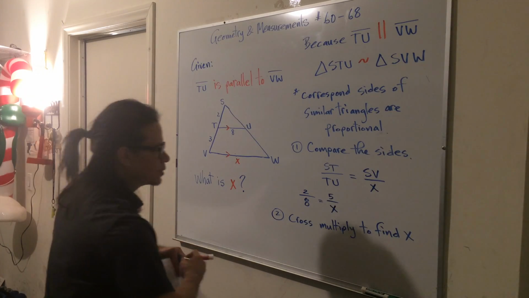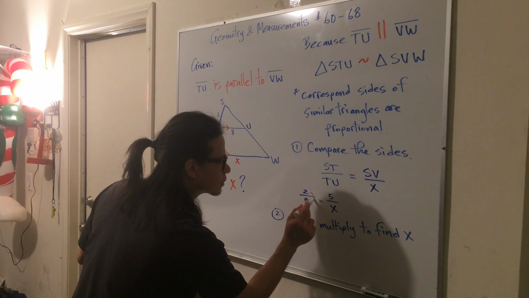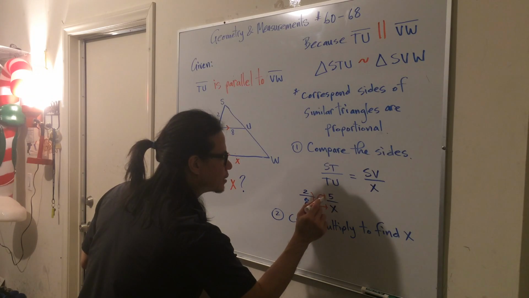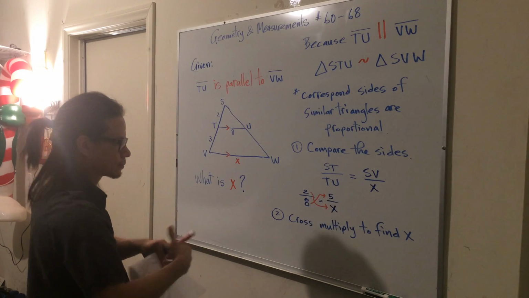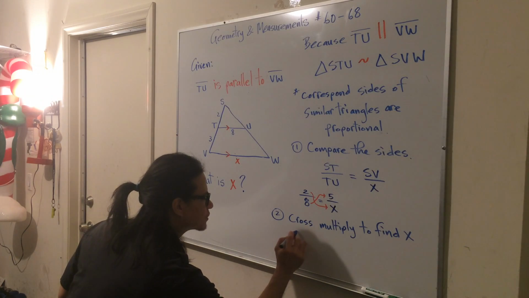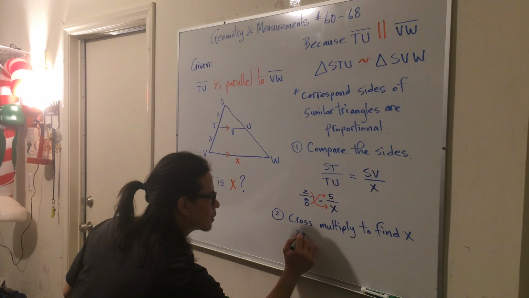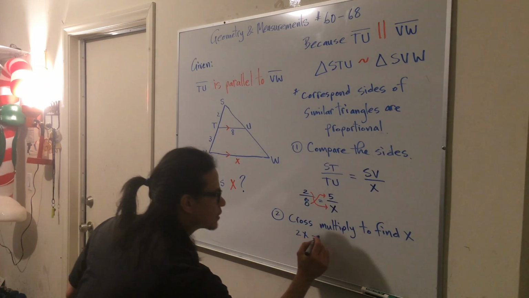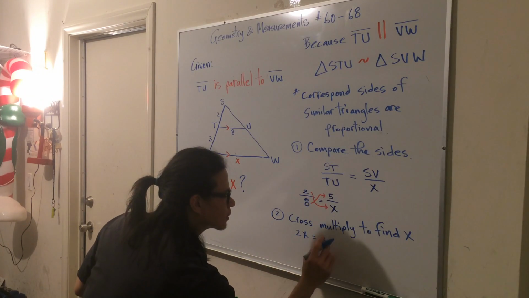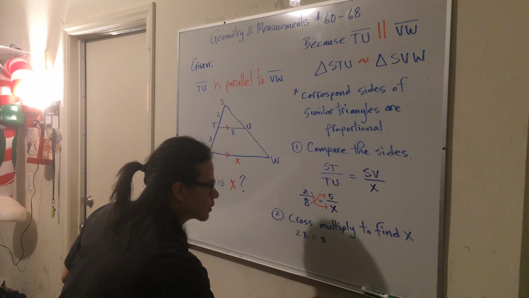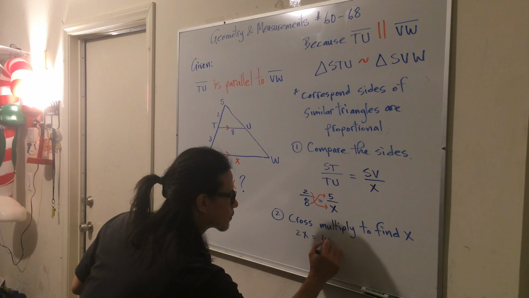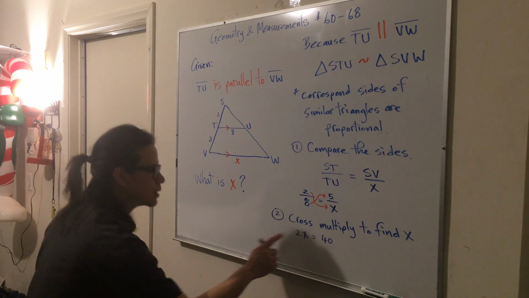So let's take 2 times X, and then we'll take 5 times 8. So 2 times X, you get 2x equals 8 times 5. We'll just make it easy and say 40. 8 times 5 is 40.